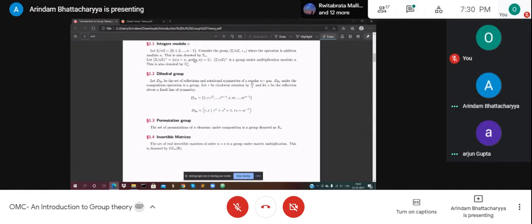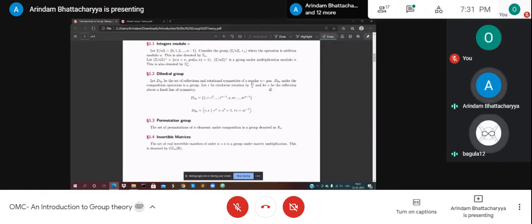Any more doubts? If we take the integers modulo n and a cyclic group, if we take n equal to a prime and we add zero in the group, then I think it's no more a group, because the group under multiplication is never a group if you add zero.